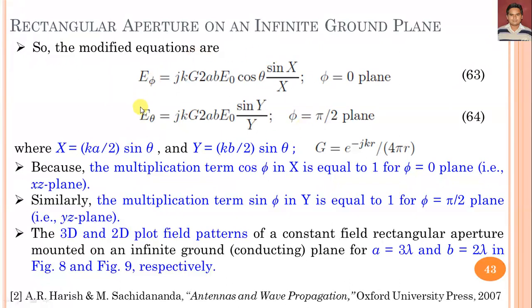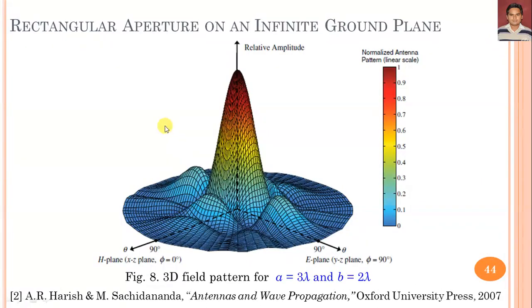This is the important analysis you can see from equations 63 and 64. Then, by using equations 63 and 64, we can plot 3D and 2D patterns for A equal to 3 lambda and B equal to 2 lambda, as you can see here. This is the 3D pattern for A equal to 3 lambda and B equal to 2 lambda in the xz plane, considering phi equals 0 degree, and the yz plane, phi equals 90 degree.